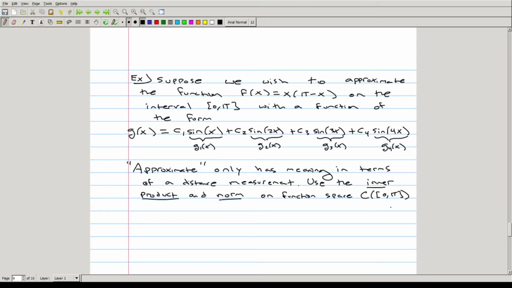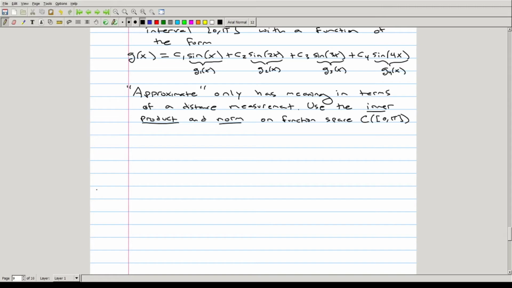And there's two things that you want to see here. The first is that the inner product of gn of x with gm of x, so any combination of these two functions, is going to be one of two values.